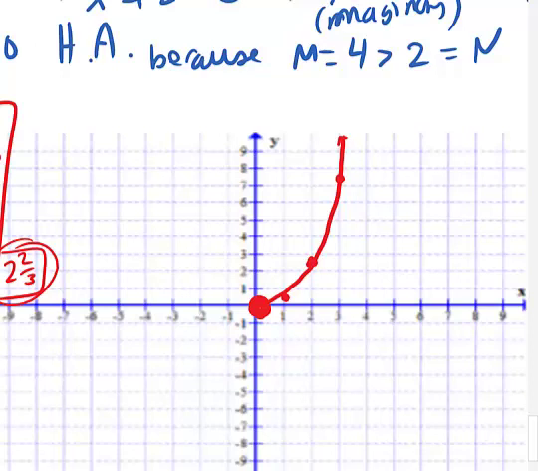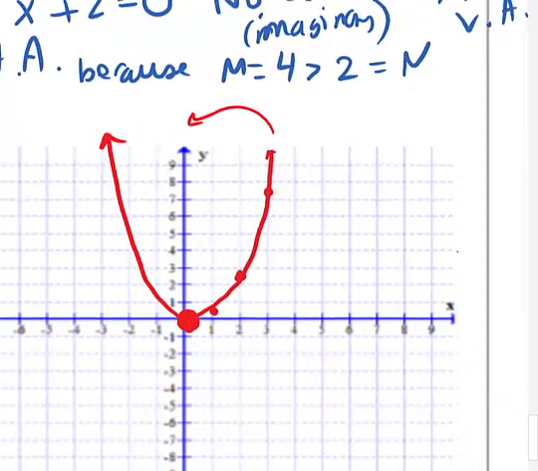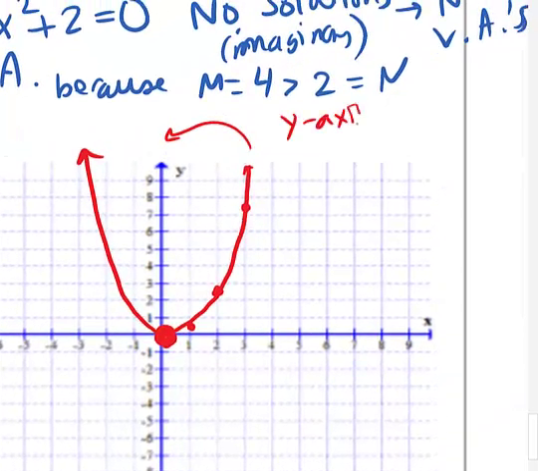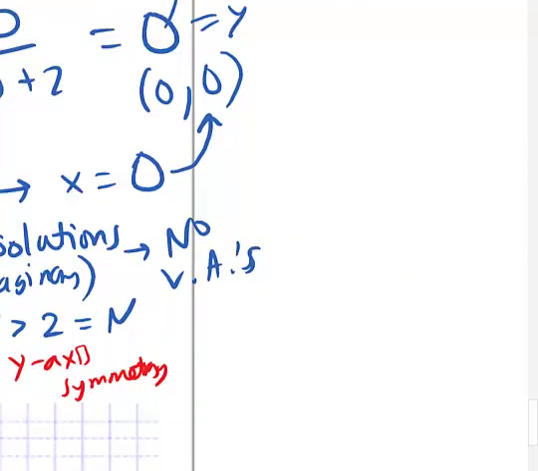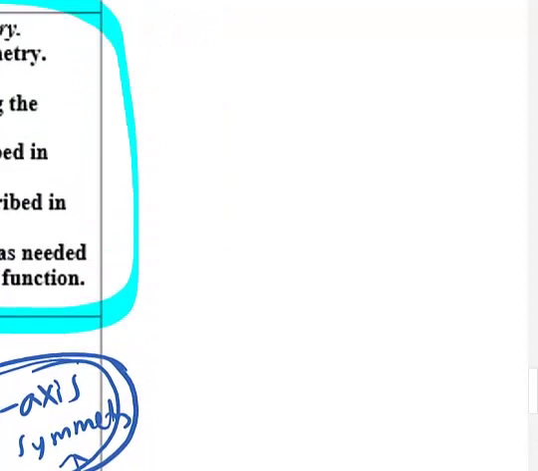And the left side should look the same, because it's symmetric. Once I know one side, it's y-axis symmetry. So it almost looks quadratic. That's kind of a weird one. These rational functions are probably one of the toughest things to graph.